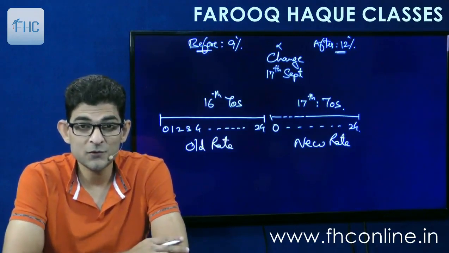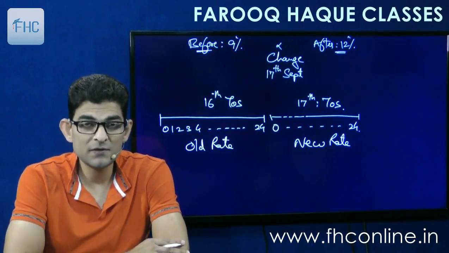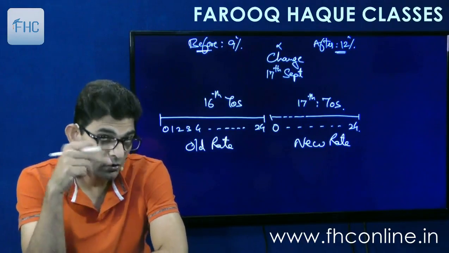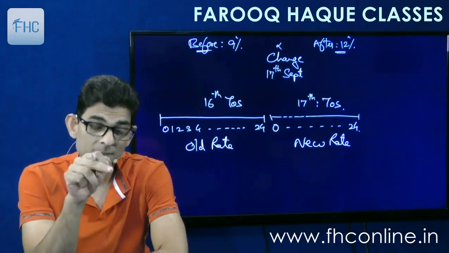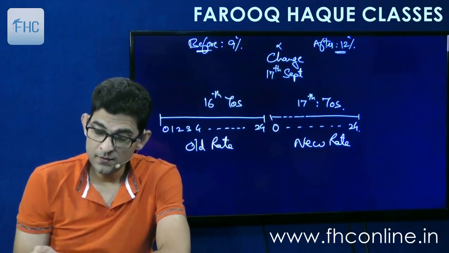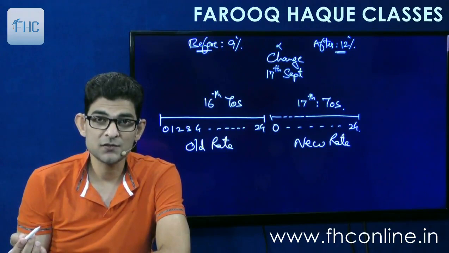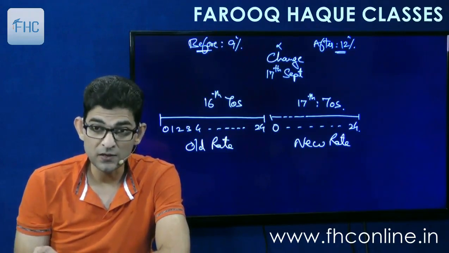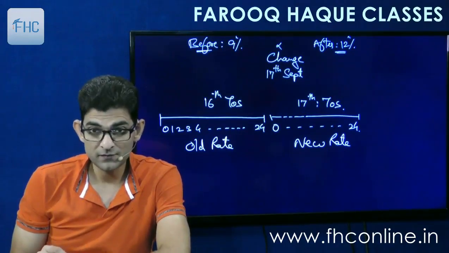Understood? Very good. So the date which is given, that the change is from this day, means it is from that day itself, not the next day. The change is from 17th itself. So if the TOS is on 17th, it means after the change, so you will apply the new rate. Okay, you have taken down. Shall I rub it off? Very good.